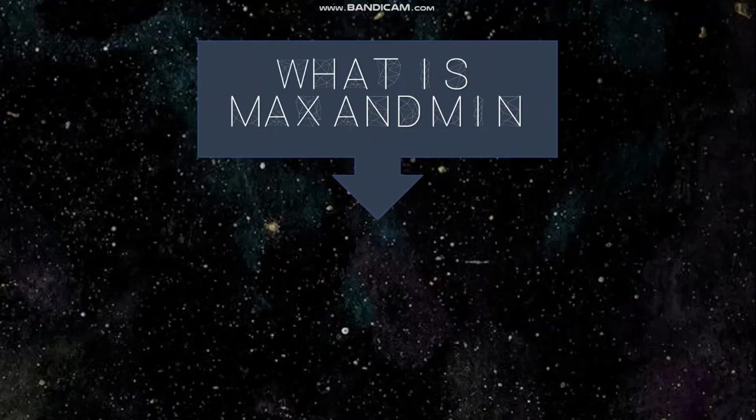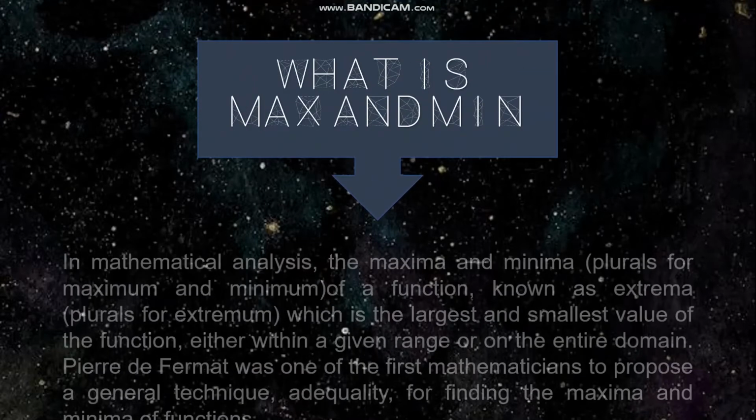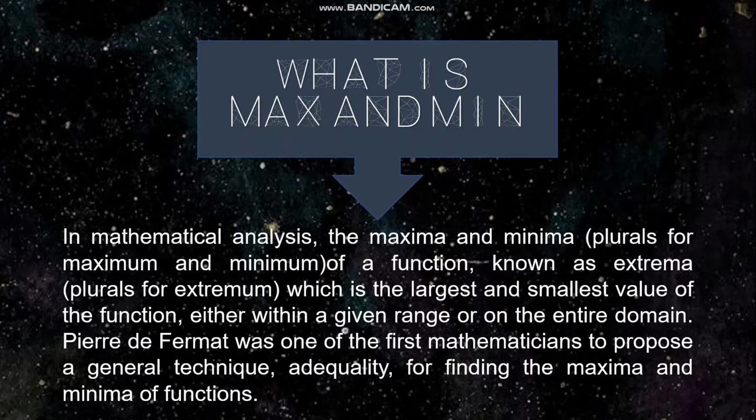Moving on to what is max and min. In mathematical analysis, the maxima and minima, also known as maximum and minimum, which is singular, of a function, known as extrema, also known as extremum, which is plural, which is the largest and smallest value of a function, either within a given range or on the entire domain itself.